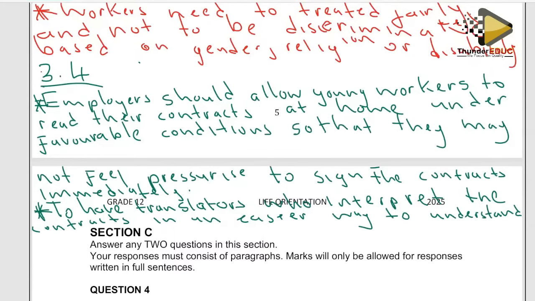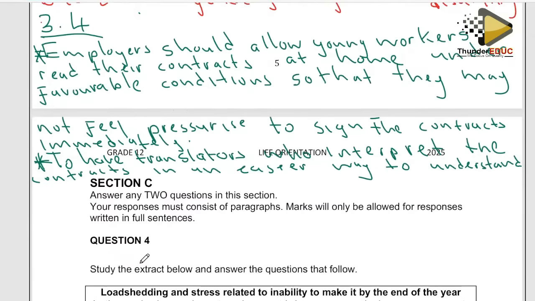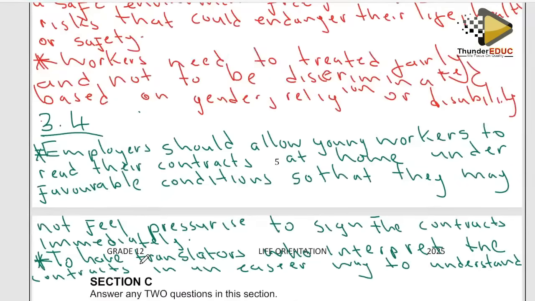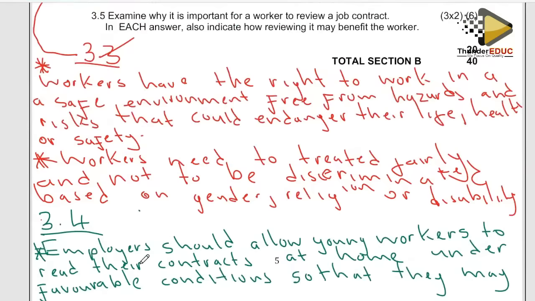Contracts are usually complicated documents which use legal language or jargon, which can be difficult to understand. So there must be translators who can interpret that legal language so that our young people would know exactly what they are signing up for.